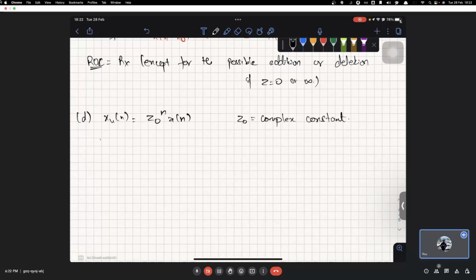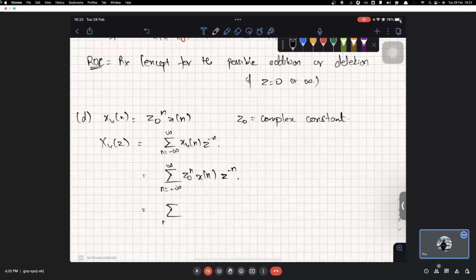Right, so x4 of z is equal to the sum over n from minus infinity to infinity of x4 of n z power minus n, which is equal to the sum of z0 power n into x of n into z power minus n, which is equal to the sum over n from minus infinity to infinity of x of n, z by z0, power minus n.